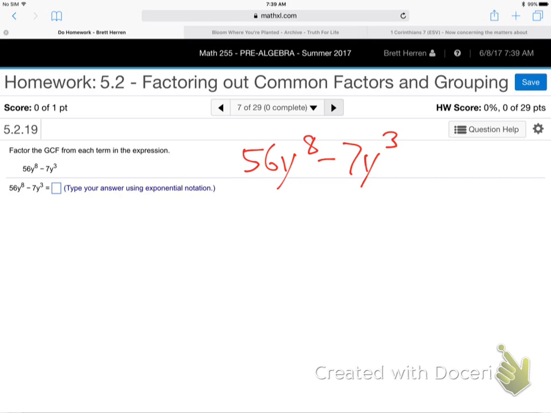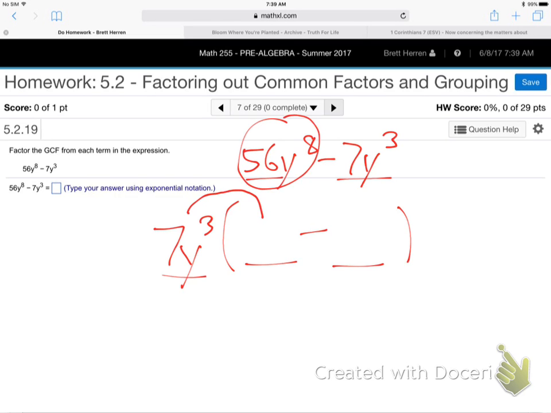So what goes into 7 and 56? Yeah. If you're a little rusty on some of these, just use your calculator. So 7 goes into both of those. And then what power on the y do we put? The lower one. Good. And now we ask ourselves, 7y to the third times what will go back to 56y to the eighth?